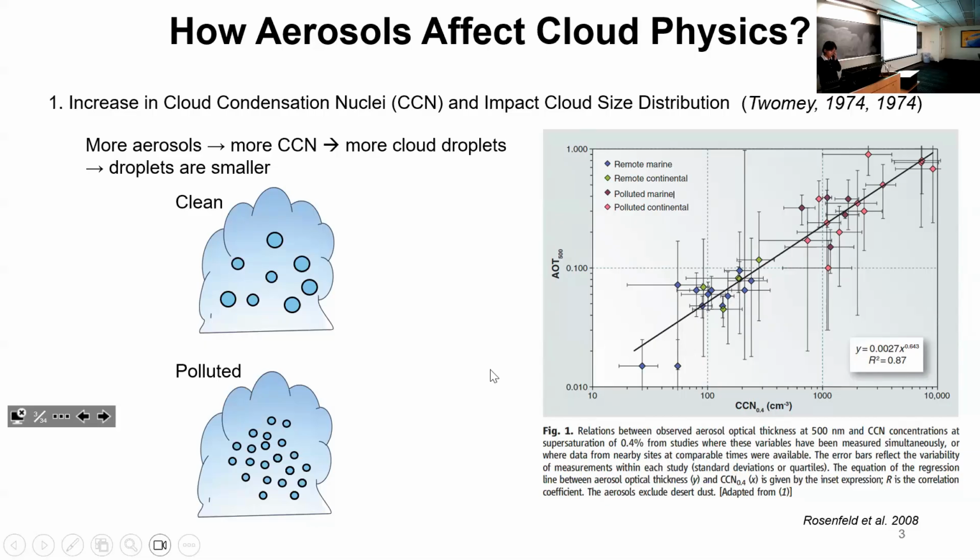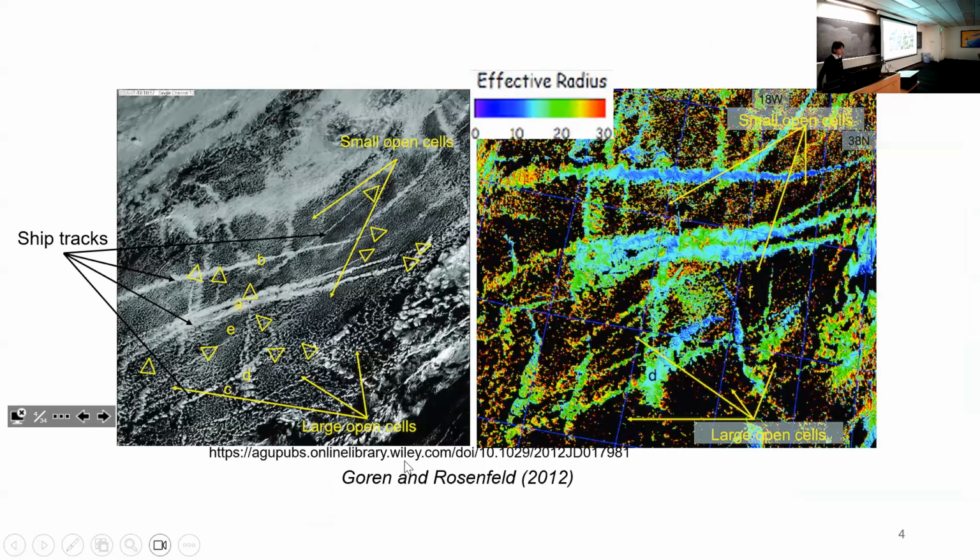So more CCN result in a higher number concentration of smaller cloud droplets. This is a good observational evidence of the aerosol impact.